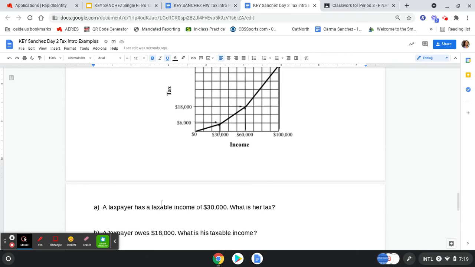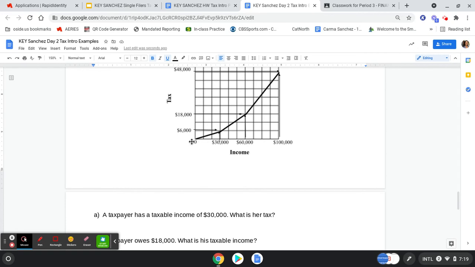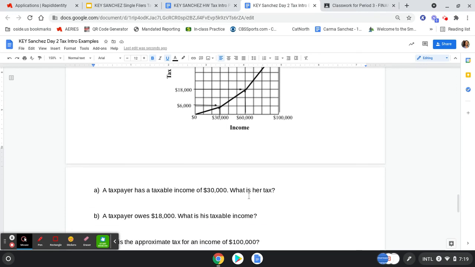So if a taxpayer has a taxable income of $30,000, follow along the income along the bottom and look up what is the tax. Do you see that the 30,000 income correlates to the 6,000 tax? So what we're seeing here is a table that uses income as the input and tax amount as the output.